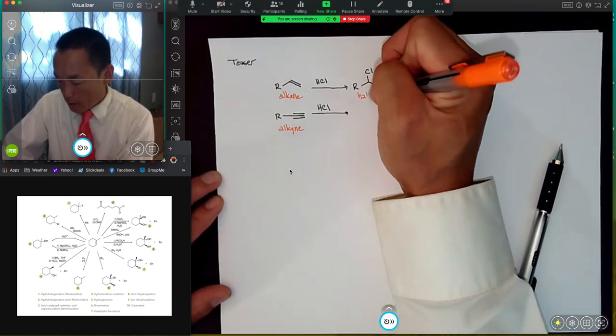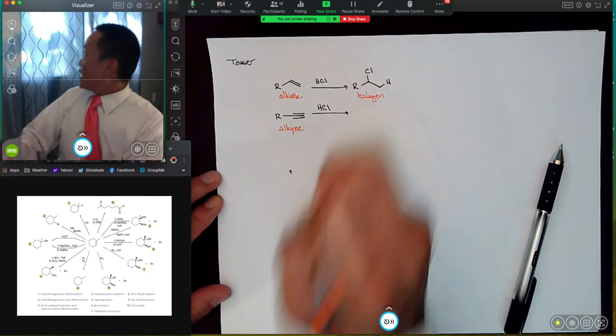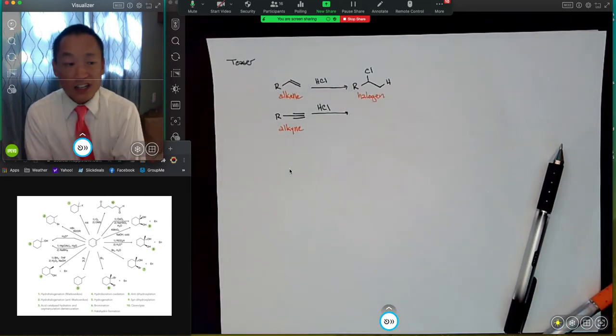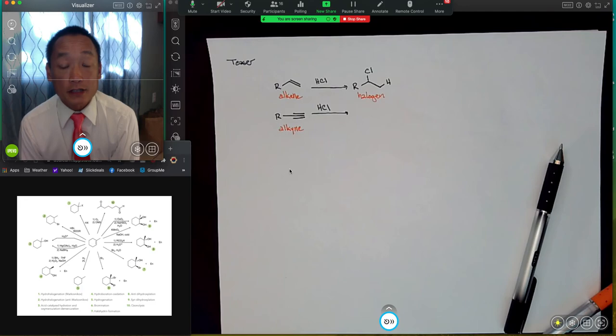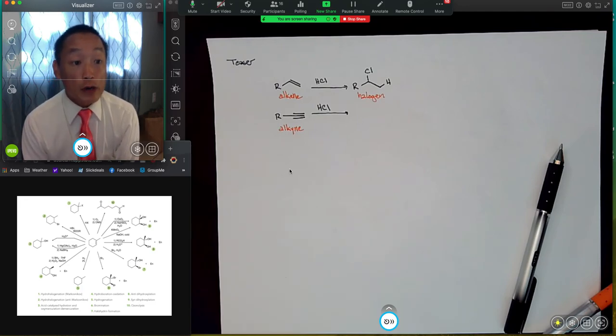If adding HCl to an alkene gives us a halogen, do we know enough to predict what would happen to an alkyne, two double bonds reacting with HCl?